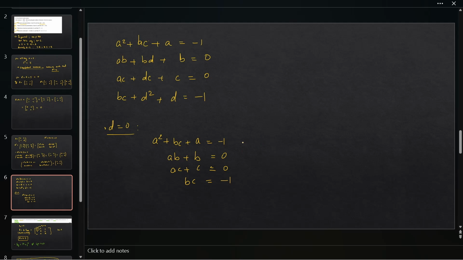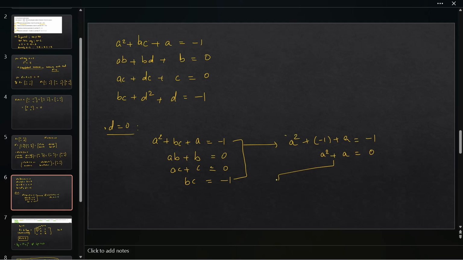So if I check equation 1 and equation 4, that is these 2 equations, here I can substitute the value of BC equal to minus 1. That would give me A square plus minus 1 plus A equal to minus 1. And minus 1 will get cancelled out and I'll be left with A square plus A equal to 0.